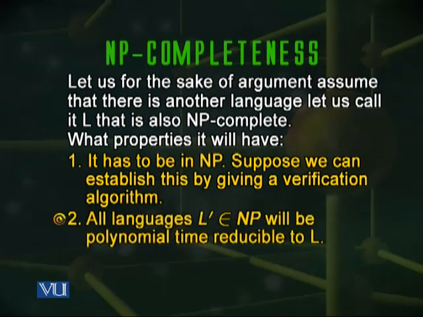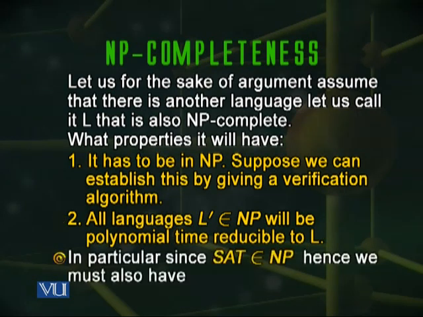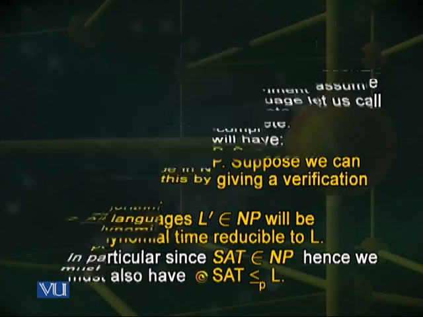The second thing is that all languages L prime in NP would be polynomial time reducible to L. And as you know, satisfiability is a particular language in NP. Therefore, SAT would be polynomial time reducible to L also.